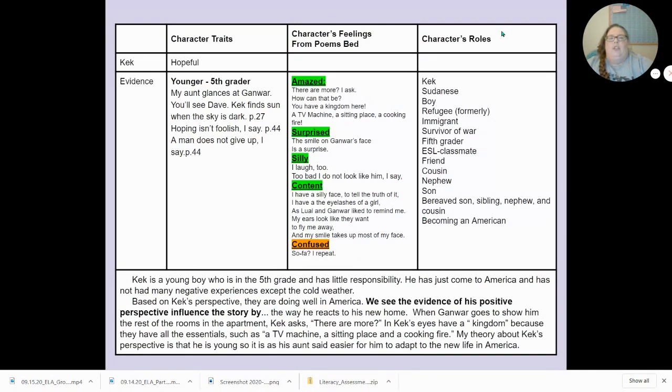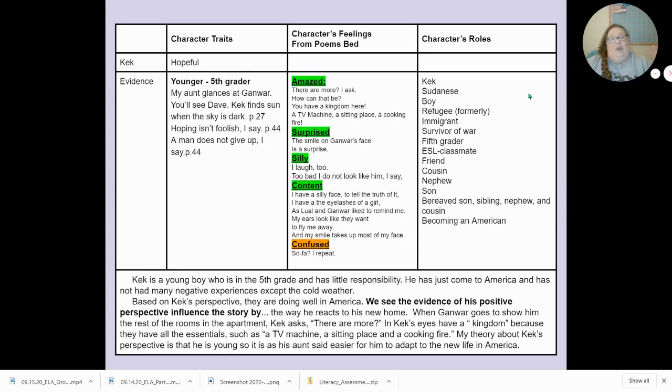And now we're going to think of all the roles that Keck plays in this story. So first of all, he's Keck. He's Sudanese. He is a boy. He is formerly a refugee. Now he is an immigrant because he came into our country.